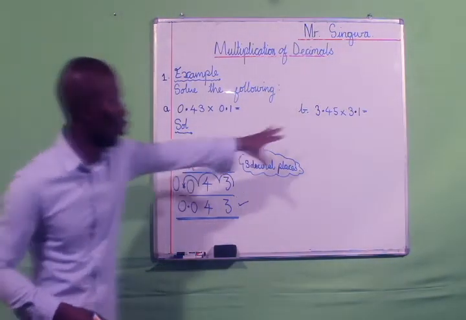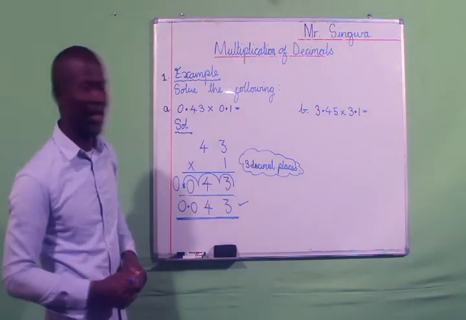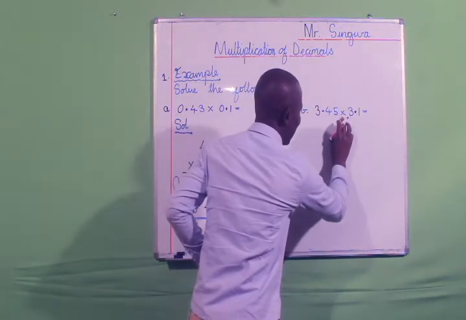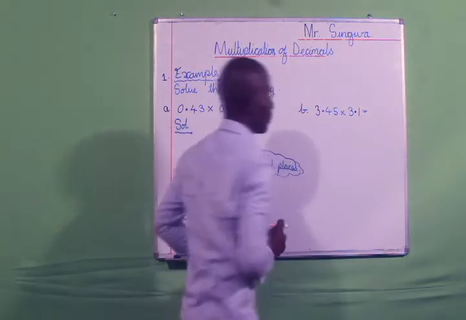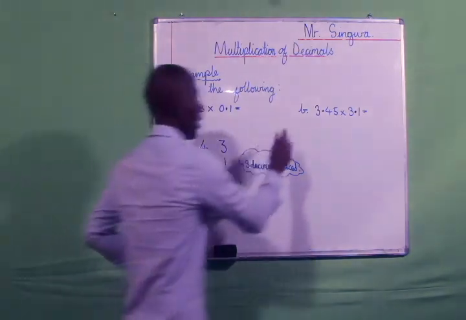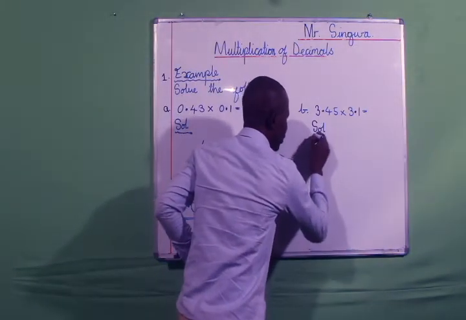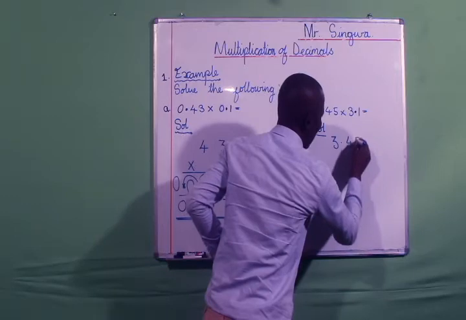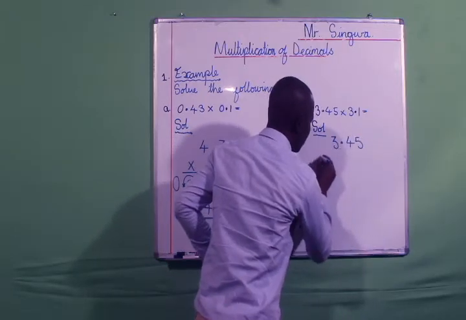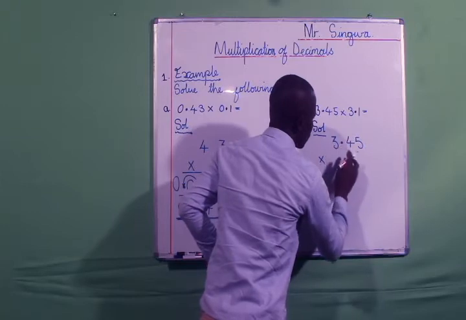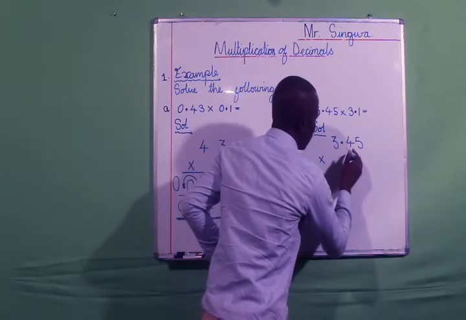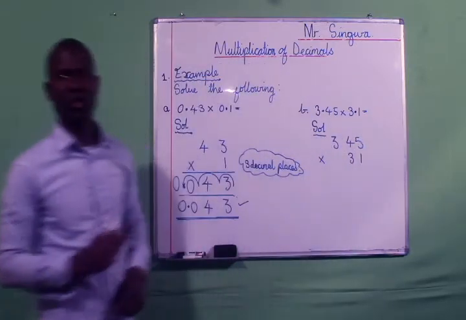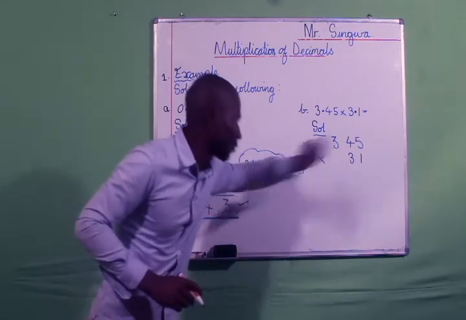So now we look at example B. Example B is 3.45 multiplied by 3.1. Now, remember to write the solution here. You write 3.45 multiplied by 31. Remember, in multiplication we don't put the decimals. That's why I've removed them.